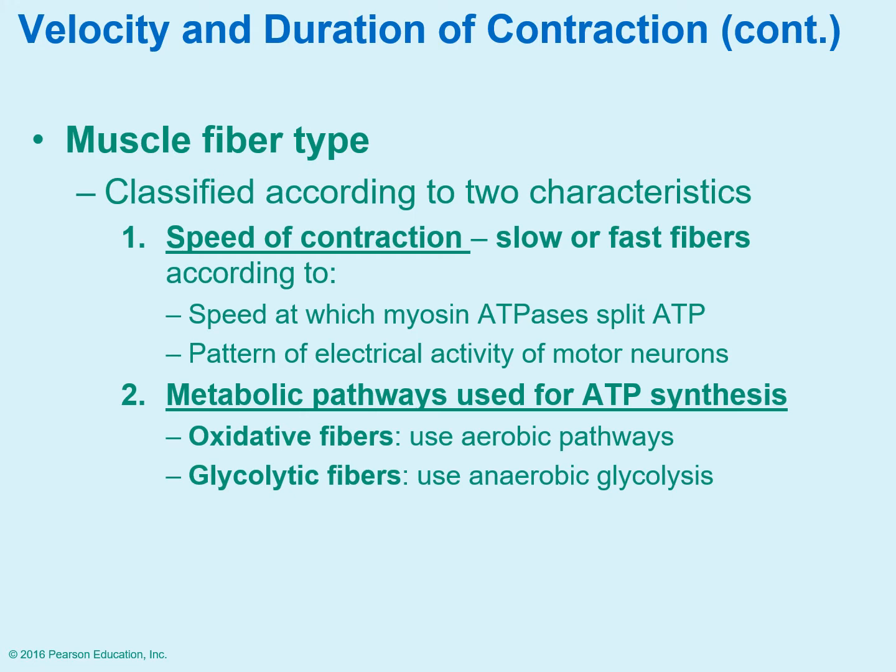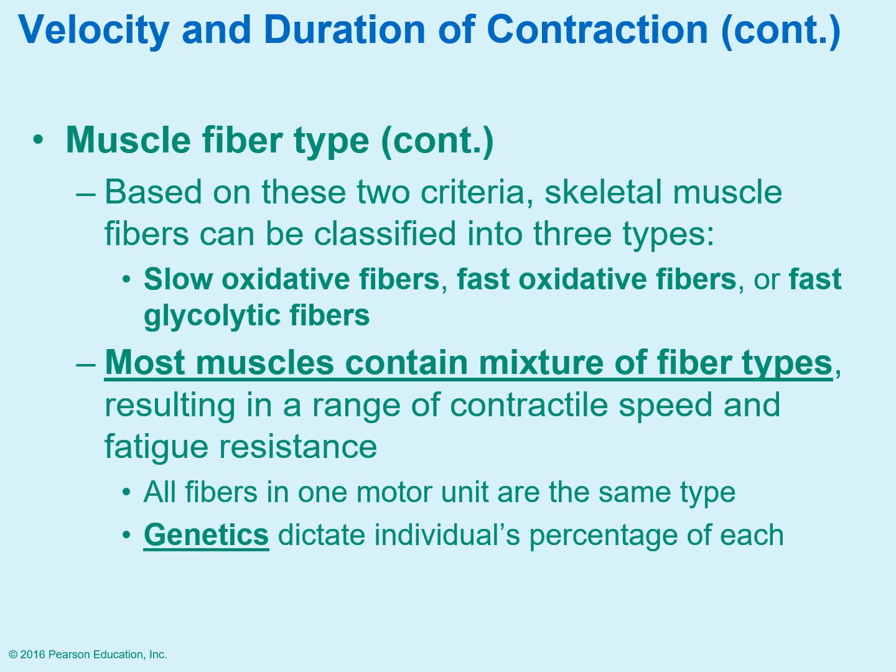Metabolic pathways is the other way of classifying it, so the speed and then the pathways. Oxidative fibers use aerobic pathways, versus glycolytic fibers, which use anaerobic glycolysis. So you can classify skeletal muscles as being slow oxidative, fast oxidative, or fast glycolytic fibers.